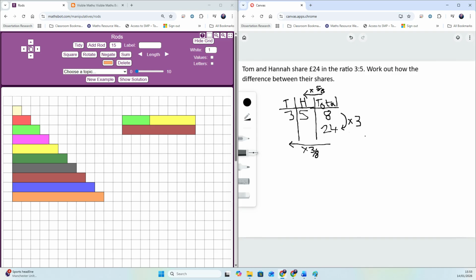The relationship that's always going to hold true is the 5/8 and the 3/8 compared to the total, and obviously the 3/5 and the 5/3 for each part, or the 8/5 and the 8/3 if we want to go the other way and relate the total to one or other of the parts.